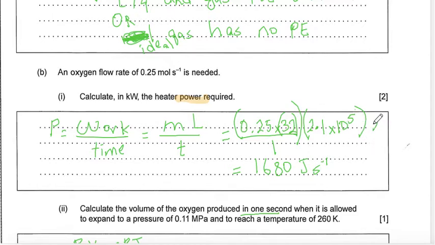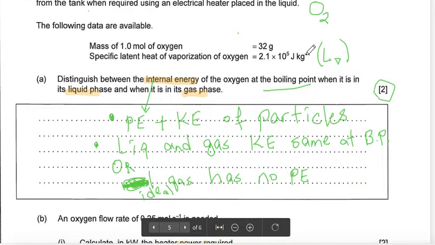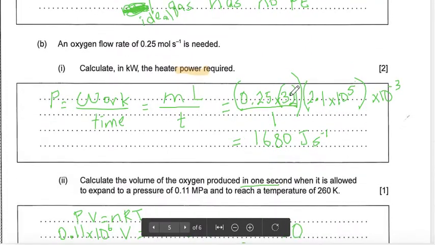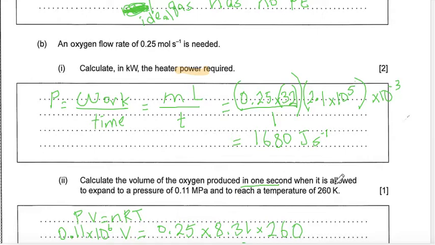But you also have to write the 10 to the minus 3 here, because this is given per kilogram. So this is joule per kilogram, which means the mass you used must be in kilograms. So this is the conversion factor, and that's why you get this number. You always have to use SI units with SI units. If mass is given in grams, you have to convert that to kilograms to get an answer in joules.